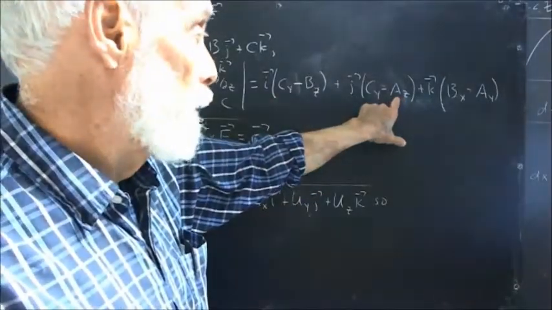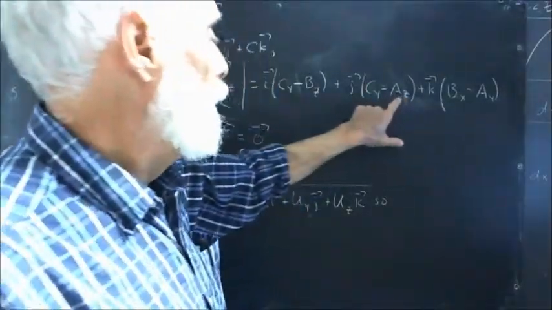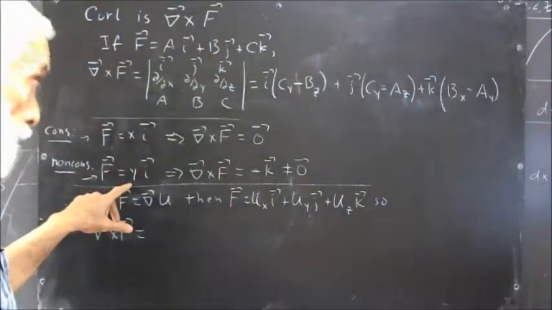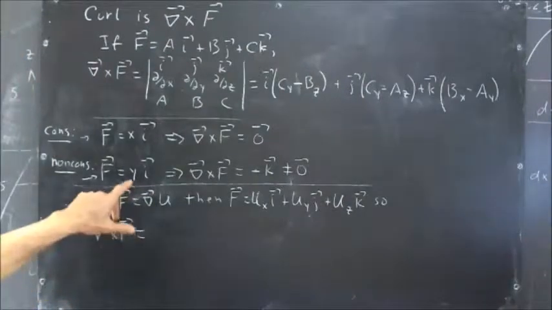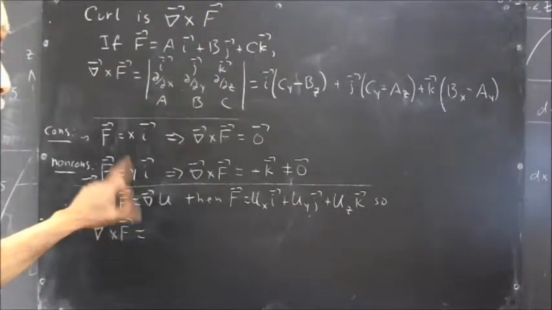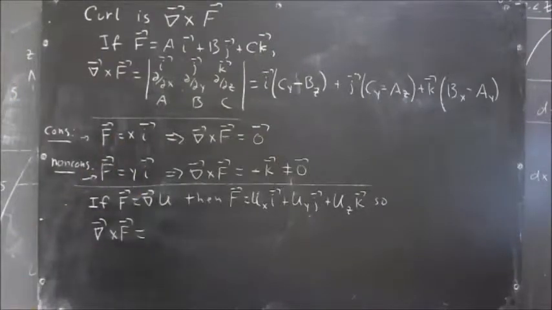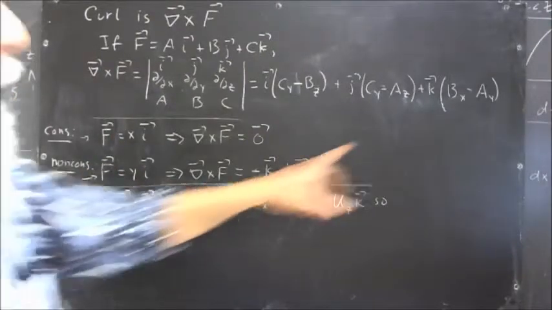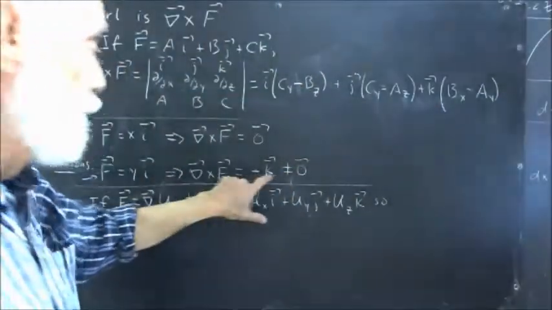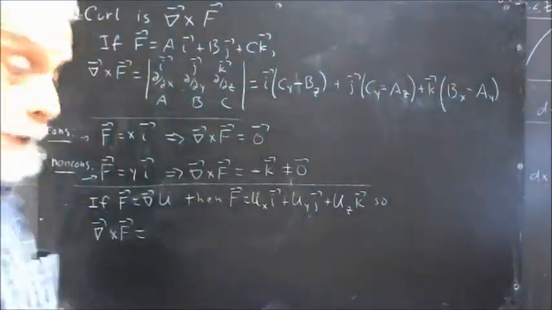So the A function appears here and here. Now A z is zero because the A function, which is equal to y, has no z dependence. The A y function, however, is equal to what? The derivative of the y function with respect to y is 1. So that's going to equal negative A y, which is negative 1 times k, or just negative k. That's not equal to 0.